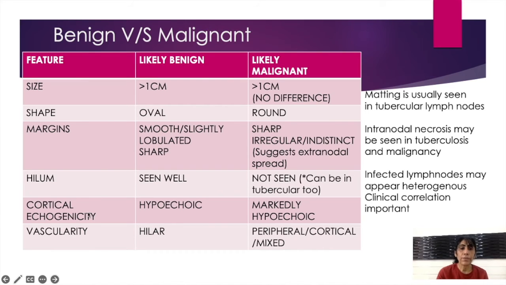Then cortical echogenicity, usually slightly hypoechoic, almost similar to breast fat. So it is generally hypoechoic, while in malignant it may look dark, absolutely. Just like I told you in breast sonography, when we see the malignant masses, they may look almost black.